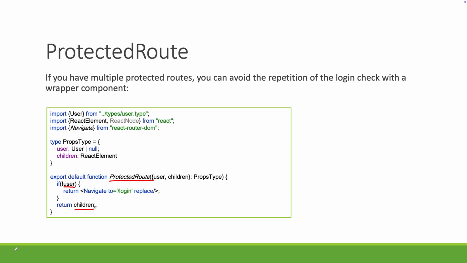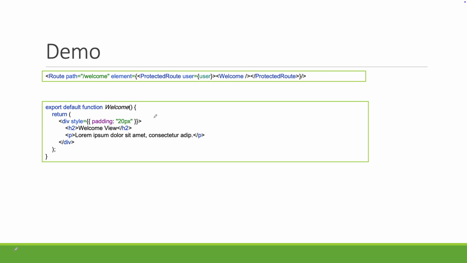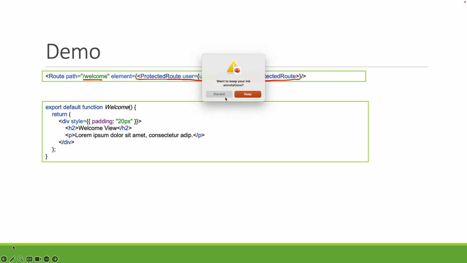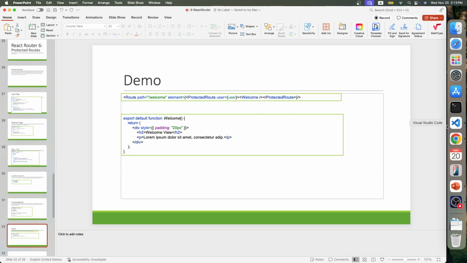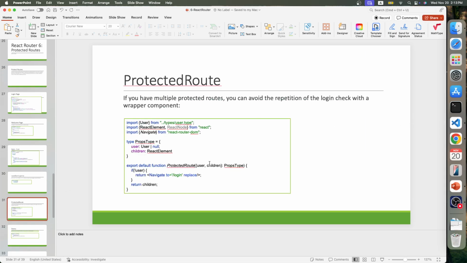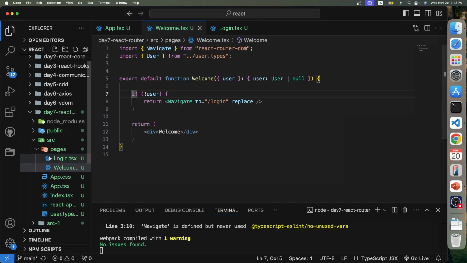Children is the actual component we want, the welcome page or others. To use it for /welcome, we do it this way: protected route. Then in the welcome page, we can get rid of the check. So here we discard it, and we write our protected route.